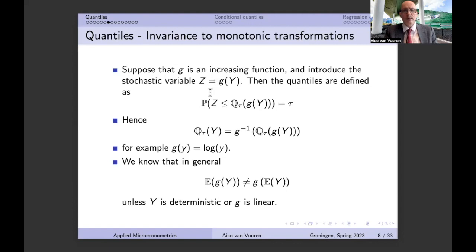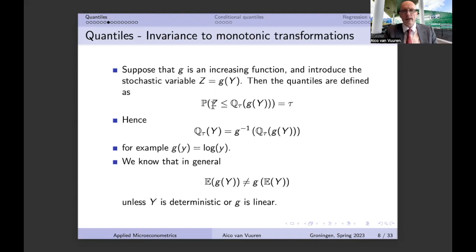Then we can look at the quantile of z. By definition, that is equal to the value that makes the probability that z is smaller or equal to that value equal to tau. I'm going to use a little bit of notation here. I could have placed here the quantile of z, but I now use the quantile of g(y), which is, of course, also equal to z.